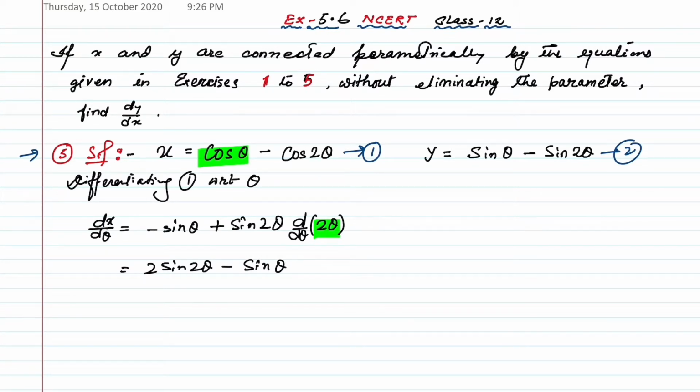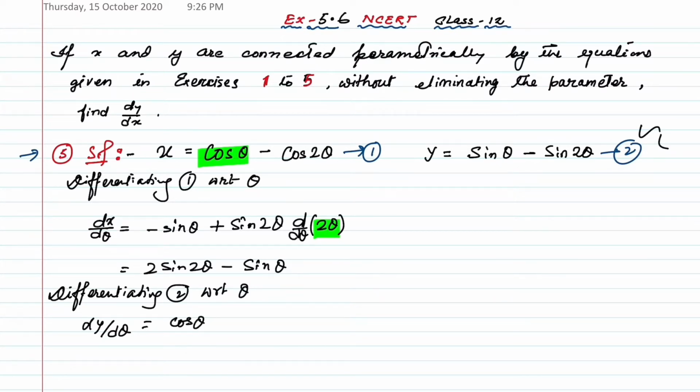So now let us differentiate 2. Differentiating equation number 2 with respect to theta, dy by d theta is going to be equal to the derivative of sine theta, which is cos theta, and of sine 2 theta, which is cos 2 theta, then again the derivative of 2 theta, so that's going to be cos theta minus 2 cos 2 theta.